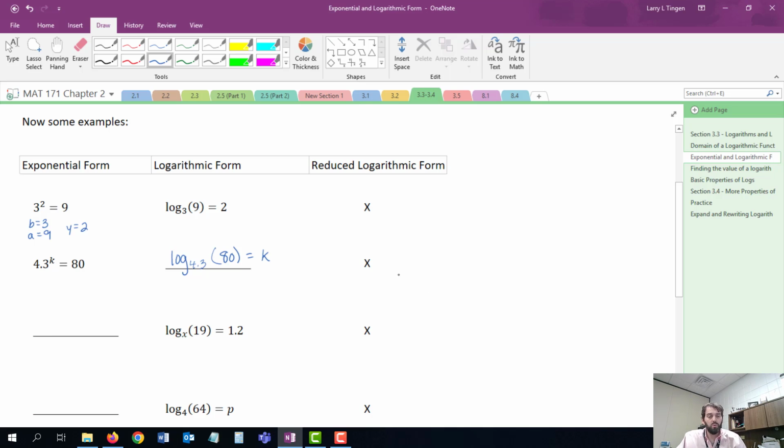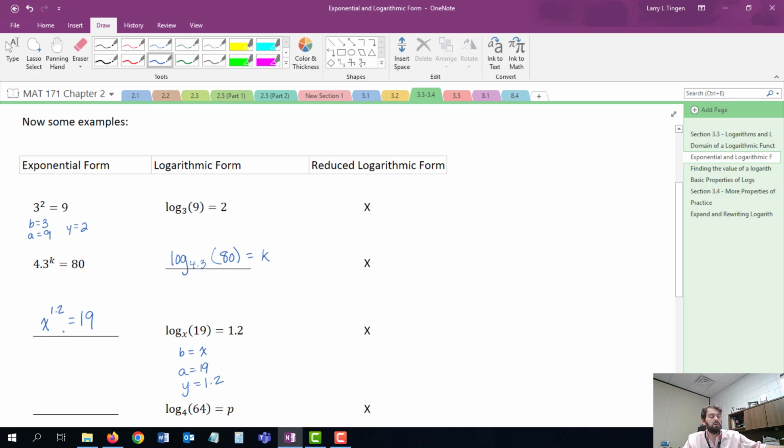Now we're going to go back and forth. Again, if it helps, you can name b, that's the base. You can name a, that's the argument of the log, so it's 19. And then you can name y, which is 1.2. And then just remember your exponential form, b raised to the y equals a.